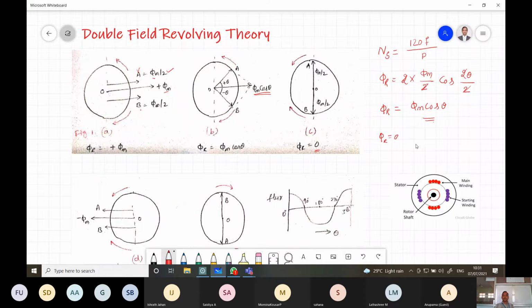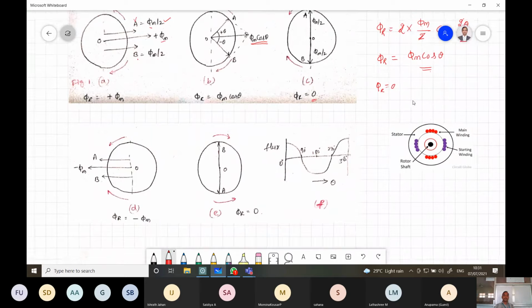Next, coming to figure number D. Again a quarter cycle, again it will rotate. A vector and B vector will come here. So figure D is exactly opposite to figure A. In figure A we got the resultant vector as plus phi m.